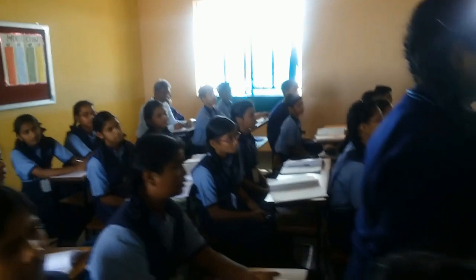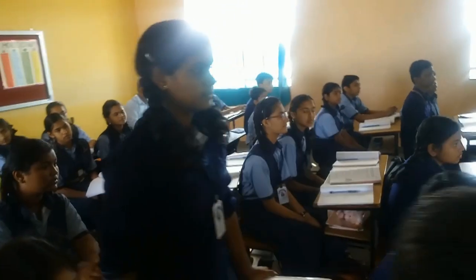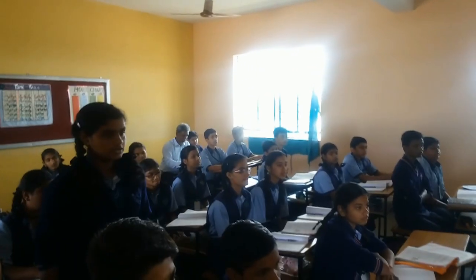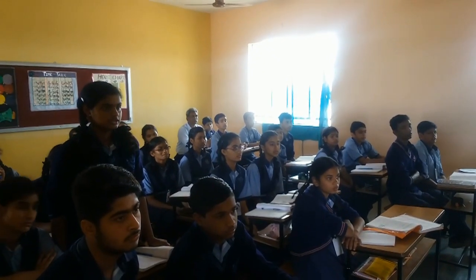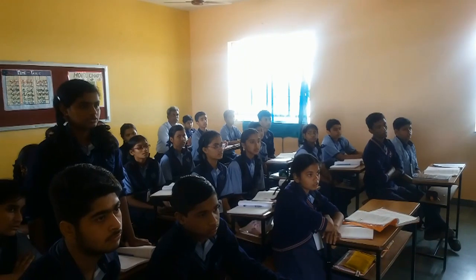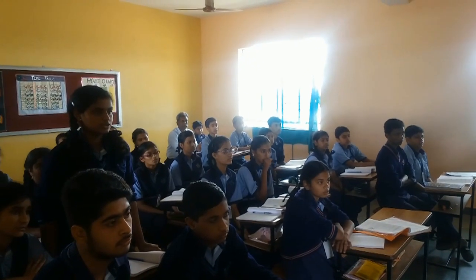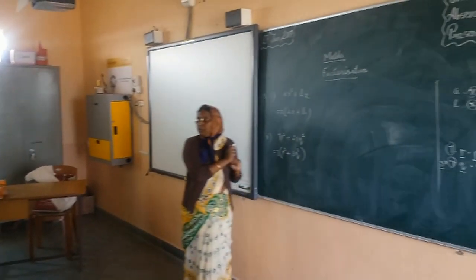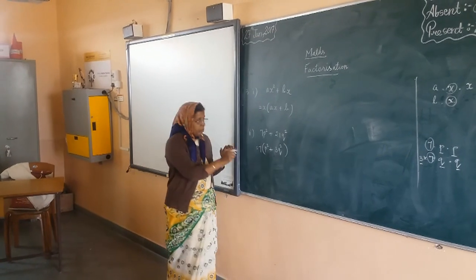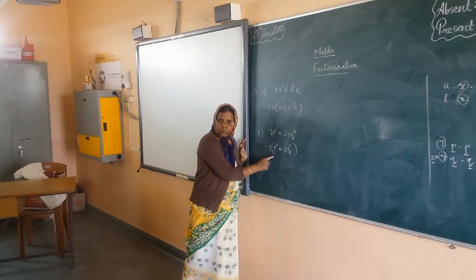And what sign is this? Plus. Here what is extra? 3Q into Q, so 3Q square. So now we have written this as a product of two terms. Bracket means product. It is fully factorized now.